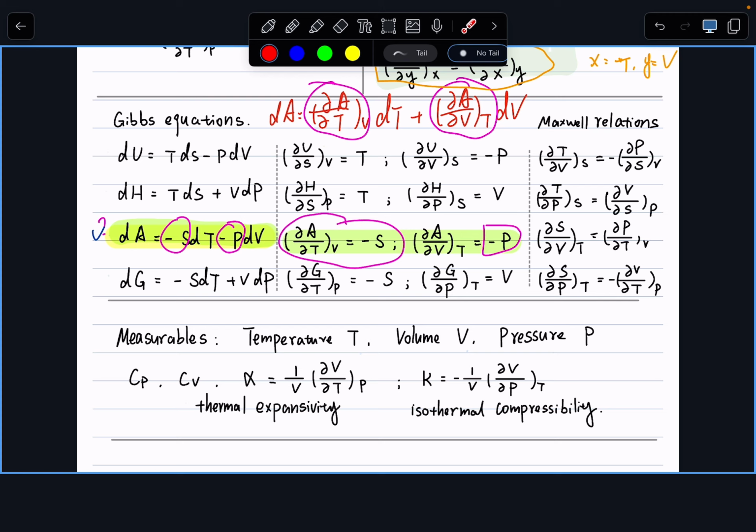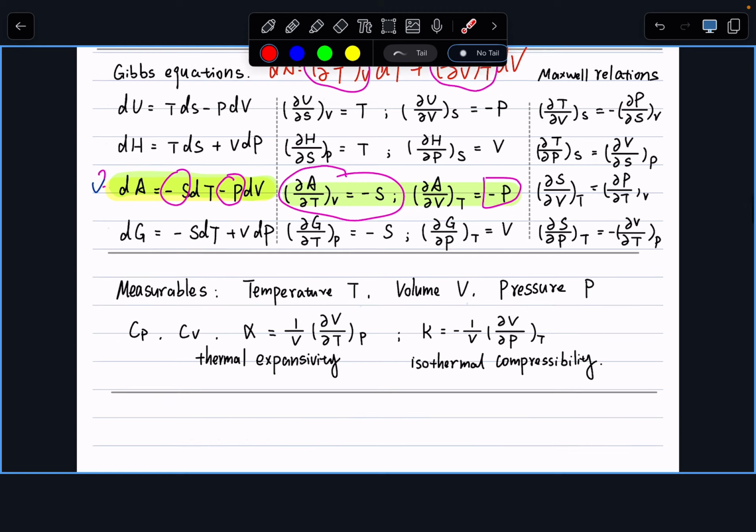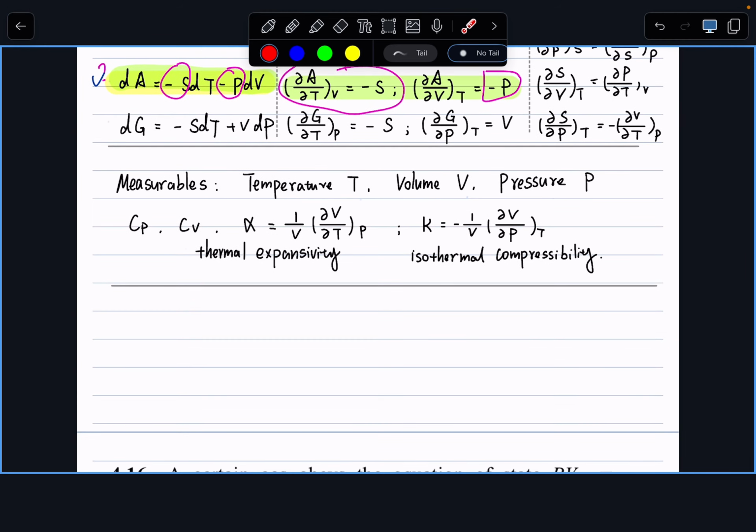There are things we cannot measure, like how entropy changes with respect to pressure at constant temperature. So using thermodynamic relations, we can express the dependence of a state function on different measurables.